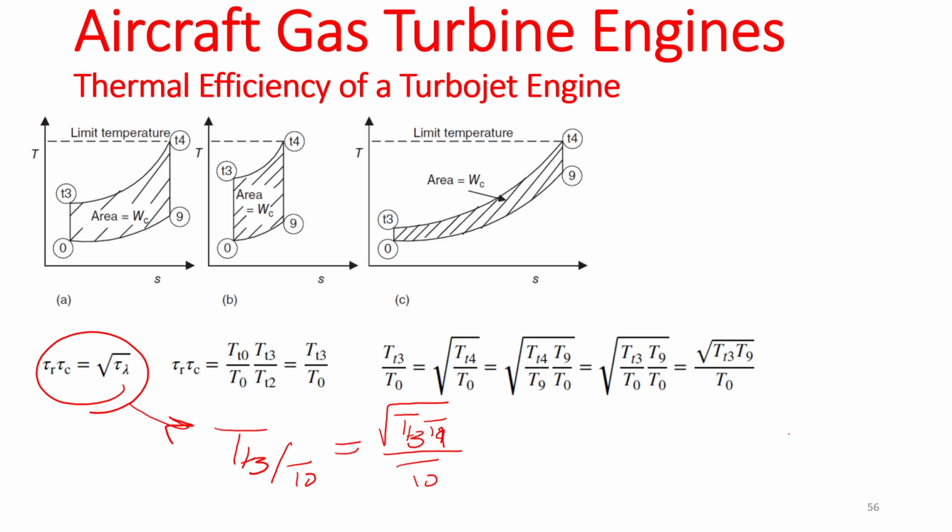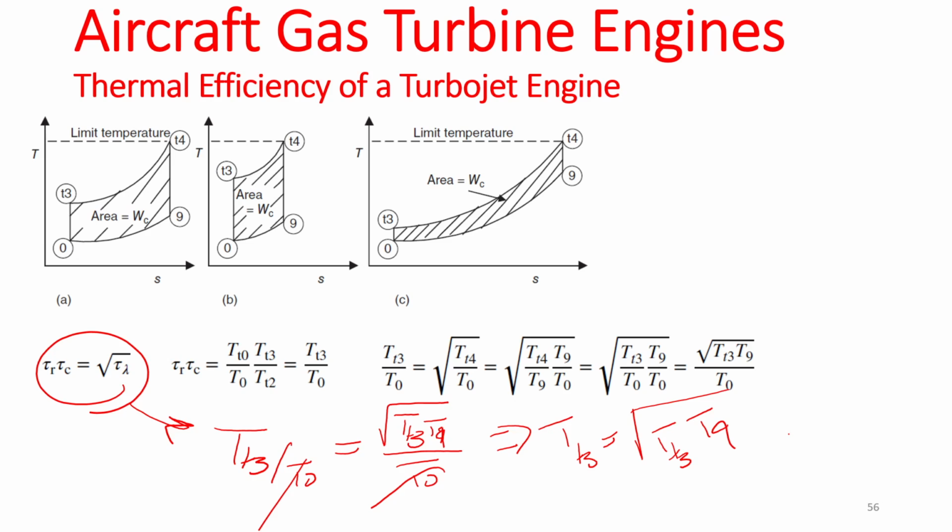Did you follow? Okay. So can we make any conclusion from this equation? Can we simplify this further? Of course, T0s will cancel out, so you're going to get Tt3 equals the square root of Tt3 T9. What does this mean?